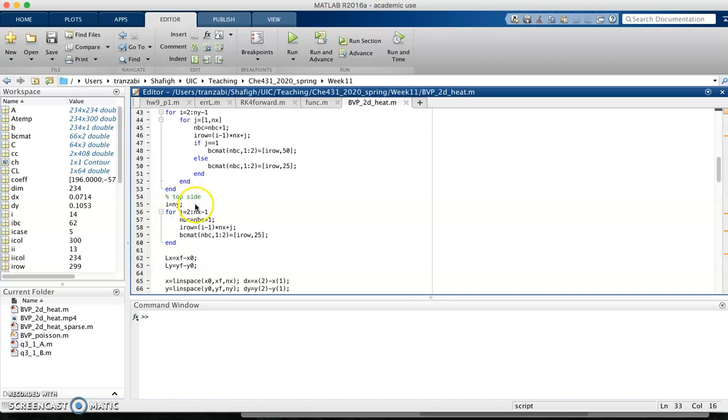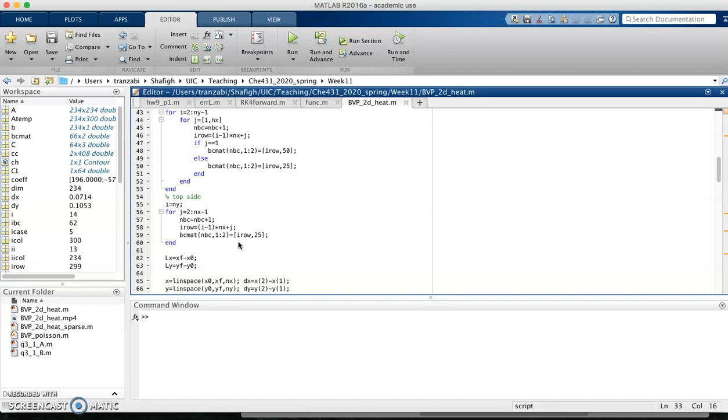But when we go to the top side, for a given j index, I have the number of x points, the discretization along the x, times the previous rows. For every row I get nx indices, so if I'm sitting on, let's say, row 2, then I have 1 times nx points behind me, and then you add j to that. So that's how we count the index for the top side.